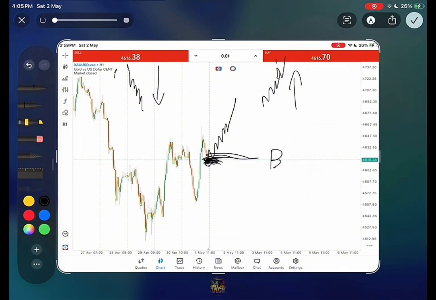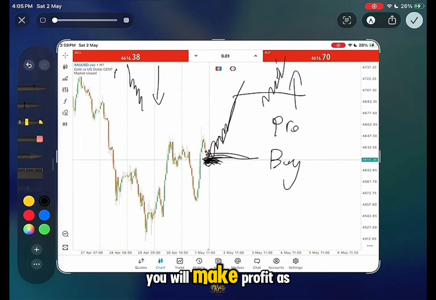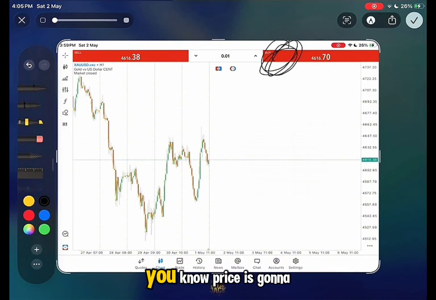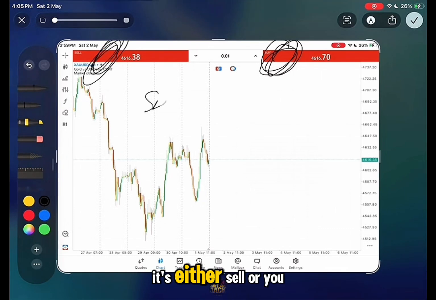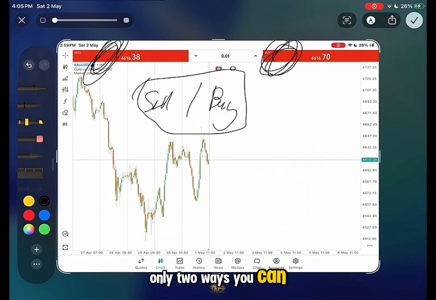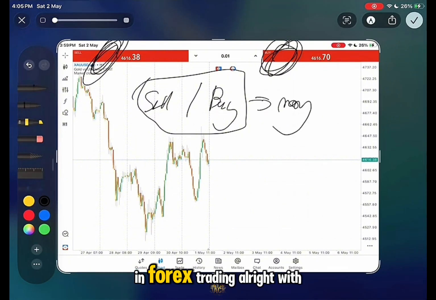So you buy, and if price goes up, you will make profit. As simple as that. You know price is going to go up, you buy. You know price is going to go down, you sell. It's either sell or buy. Only two ways you can make money in trading, in Forex trading.